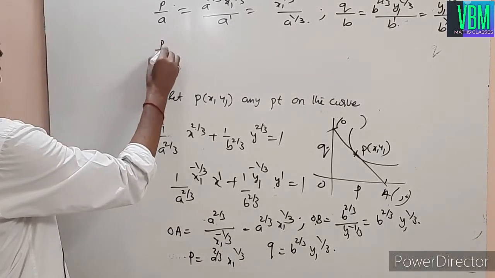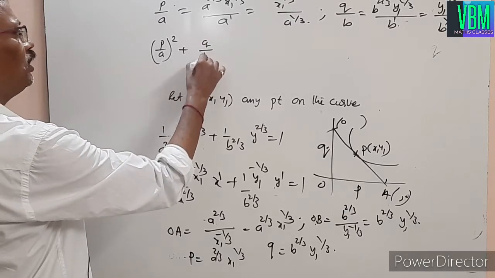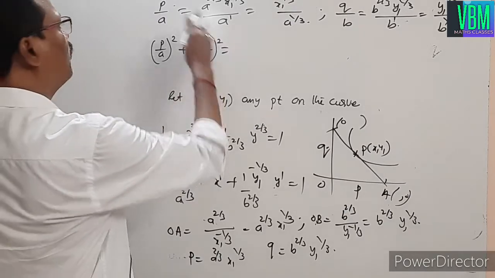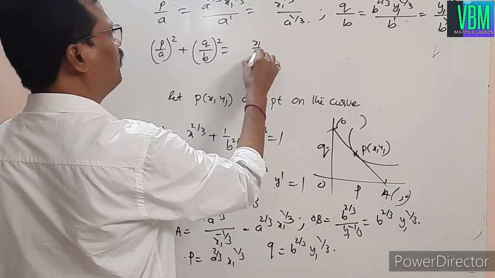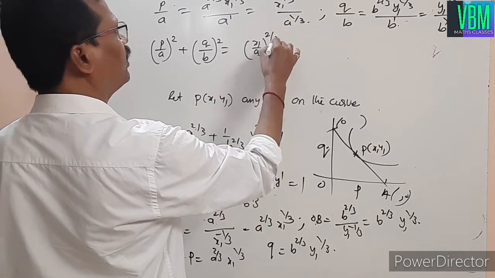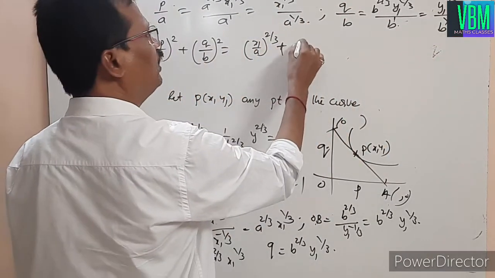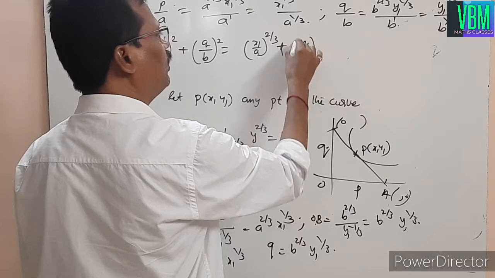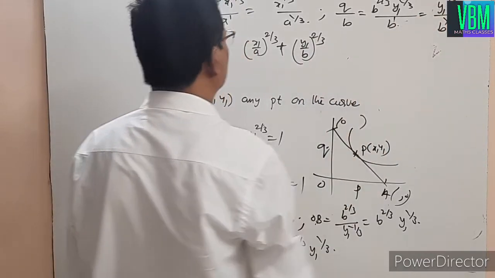Now p by a whole square plus q by b whole square. p by a whole square is the square of this one: x1 by a whole to the power of 2 by 3. q by b whole square is the square of this one. The square of that is what? y1 by b whole to the power of 2 by 3. If I square it, we get 2 by 3.